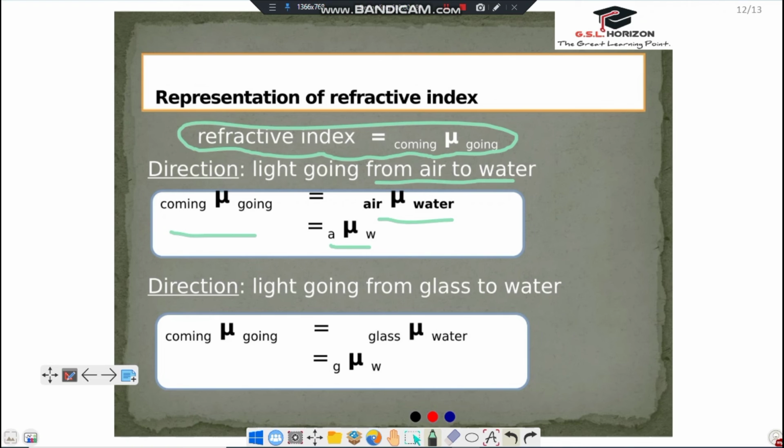First we write the coming medium, after mu we write the going medium. Now, when light goes from glass to water, we write glass mu water, in short g mu w.